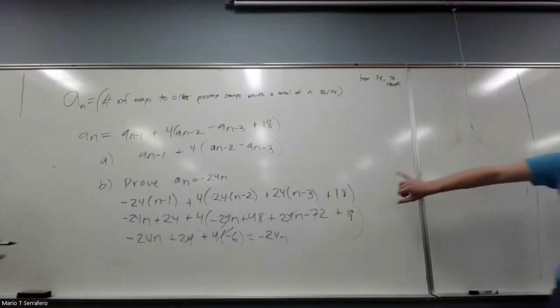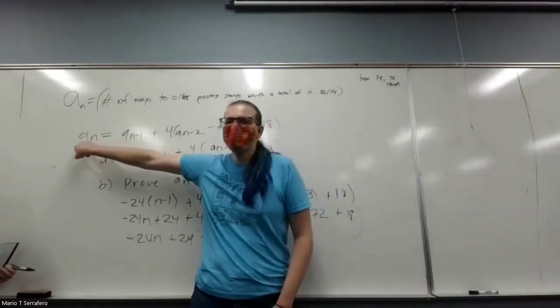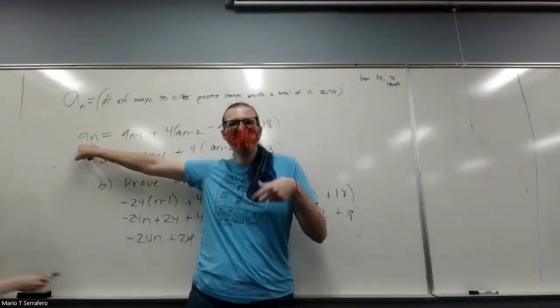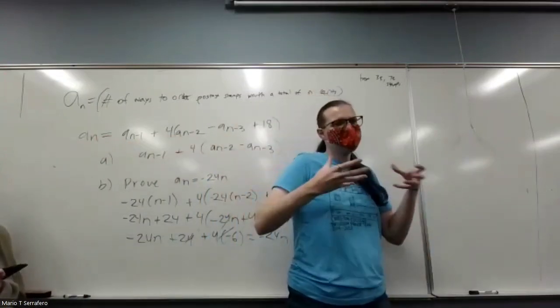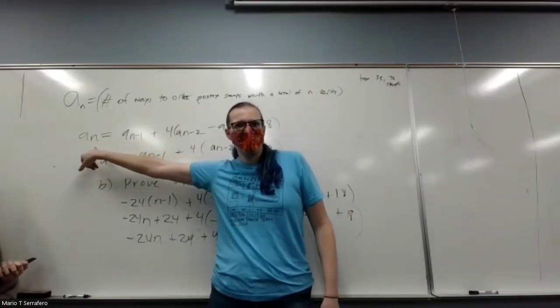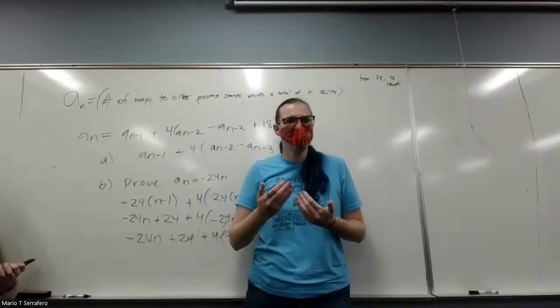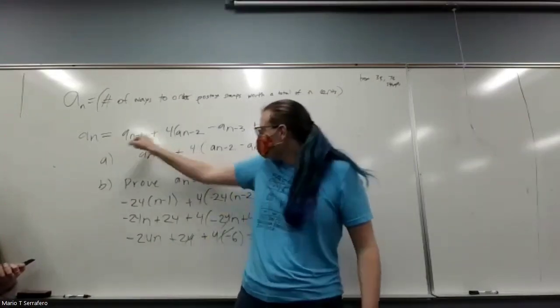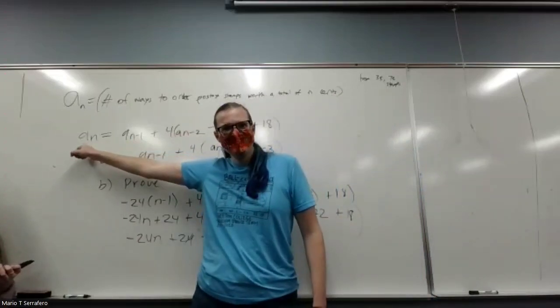I'll note real quick when we're doing this, we don't substitute in for a sub n because our goal is to show that if it works on the previous ones, it comes out to what we want for a sub n. So it's much like how we would work in an inductive step, in an inductive proof, where I know it works for the prior ones, and I want to show that it works for this one.